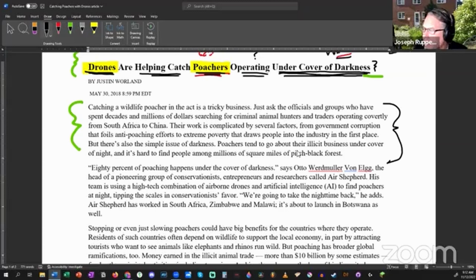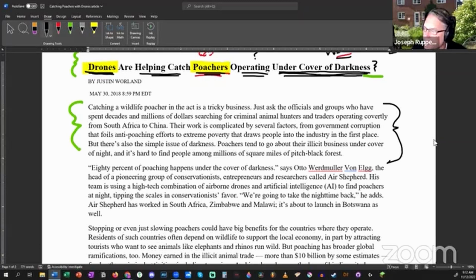Catching a wildlife poacher in the act is a tricky business. Just ask the officials and groups who have spent decades and millions of dollars searching for criminal animal hunters and traders, operating covertly from South Africa to China.